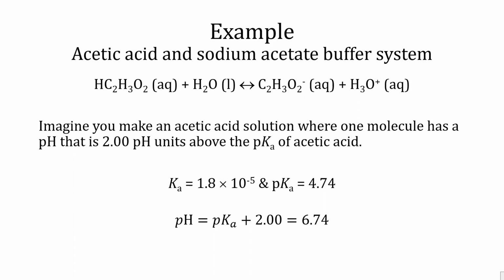Imagine you make an acetic acid solution where the pH is 2.00 pH units above the pKa of acetic acid. Ka equals 1.8 times 10 to the minus 5, and pKa equals 4.74. pH equals pKa plus 2.00 equals 6.74.